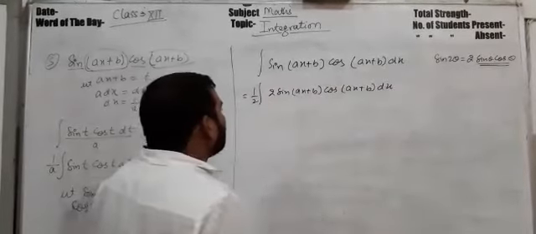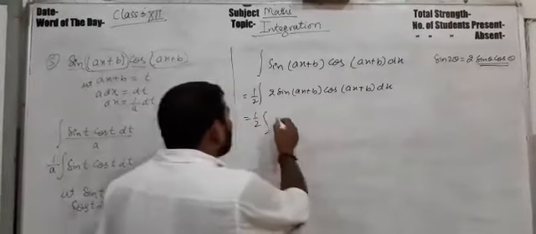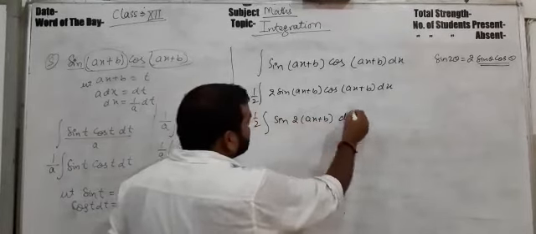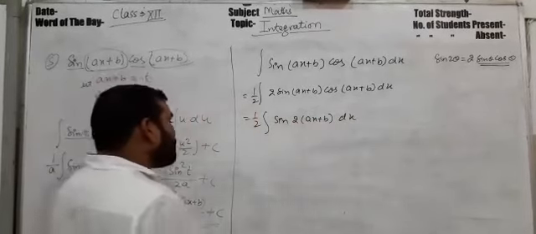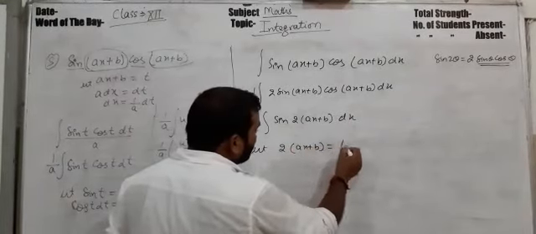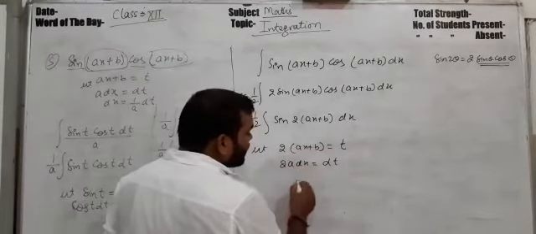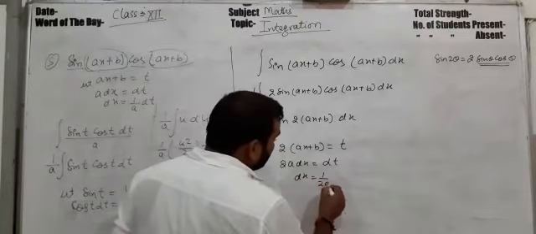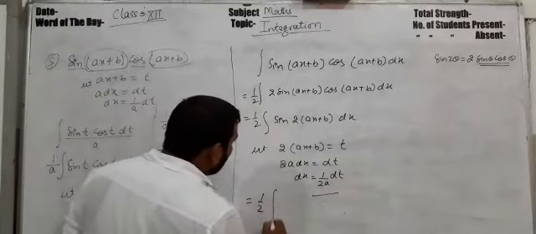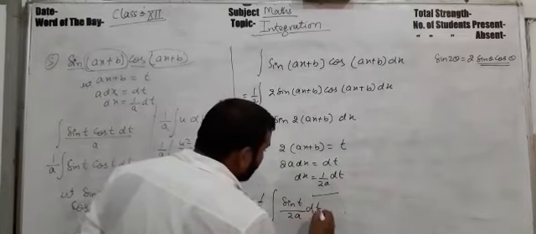So this reduces to sin 2 theta, meaning sin of 2 times of ax plus b dx. Now let 2 times of ax plus b is equal to t. So this becomes 2a dx is equal to dt, meaning dx is equal to 1 by 2a into dt. So our integration reduces to 1 by 2 into sin t into 1 by 2a into dt.